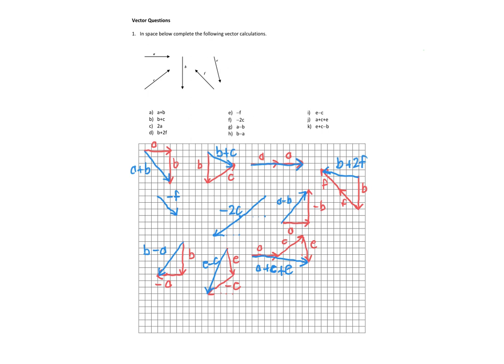And then we have E plus C minus B. So that's going to be E plus C plus minus B. Hopefully I've got room here. So I think I want to start down here somewhere.